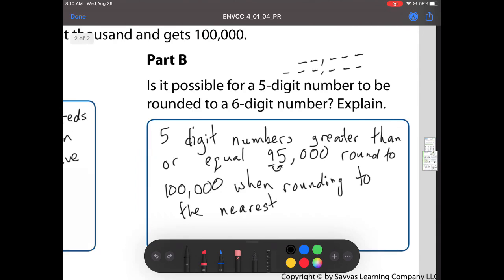And actually, since we're not using the actual number 10,000, we're using the place value, I'm going to write 10,000 out. And then we're just going to put an example. So we would say 96,713.